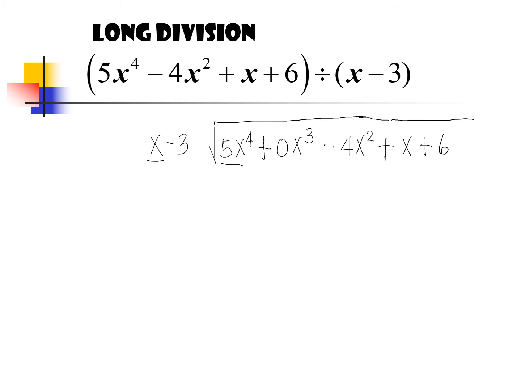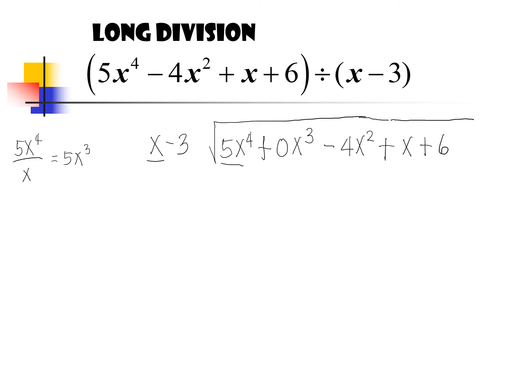Okay, so we divide the 5x to the power of 4 with the first term in the divisor, which is x. So 5x to the power of 4 divided by x, that is 5x to the power of 3. You have to recall the quotient rule of exponents.